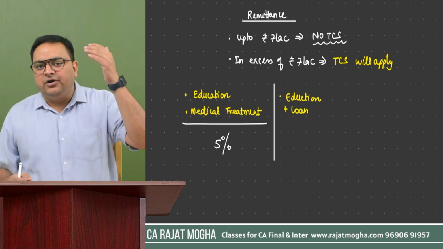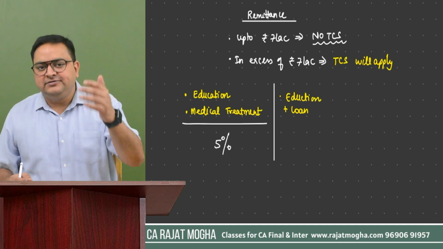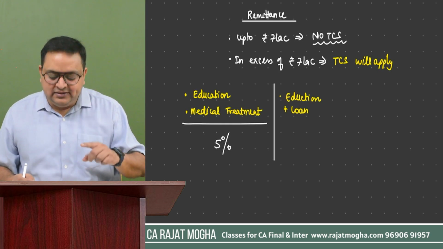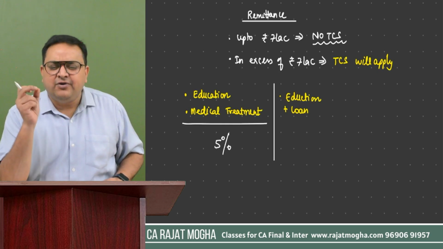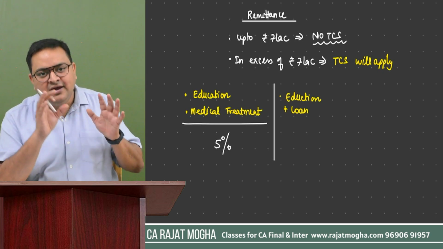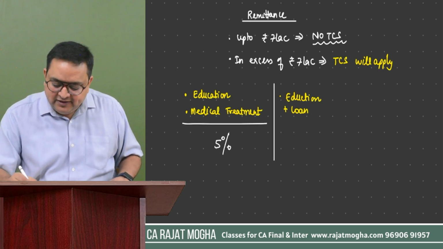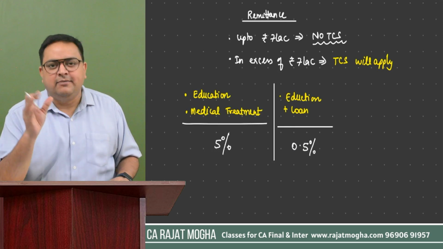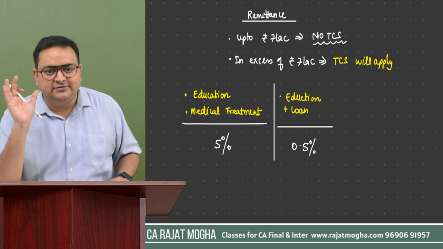Let's say your daughter or your son is studying outside and you are remitting this amount, and you have taken a loan. In that case, we will collect a very nominal amount of TCS, just for the purpose of tracking. The TCS rate would be 0.5% in that case, right?